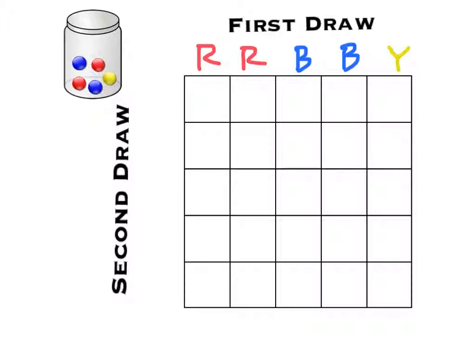And we have the same 5 possibilities here because all 5 marbles are back in the jar, so we have 5 rows going across. All we have to do now is just match up our first draw with our second draws in the corresponding boxes, and we have all of our outcomes. Excellent. Absolutely excellent.